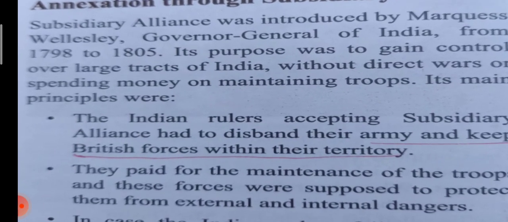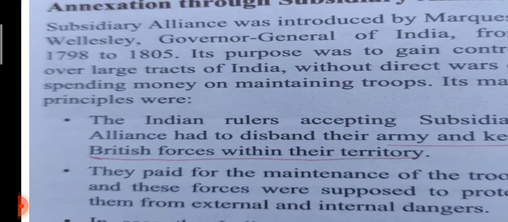maintaining troops. Its main principles were: the Indian rulers accepting the subsidiary alliance had to disband their army and keep the British forces within their territory. They paid for the maintenance of troops, and these forces were supposed to protect them from external and internal dangers.